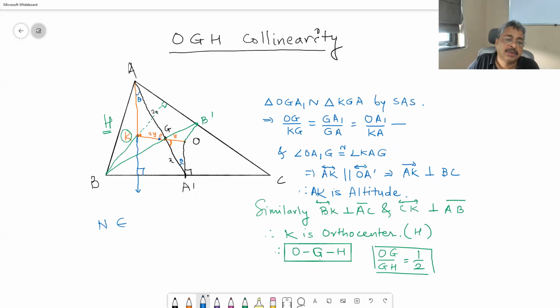This is additional information I am giving you, which you must have proved last year. That is, N is the 9-point center.